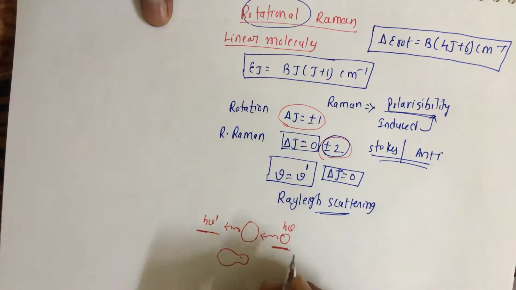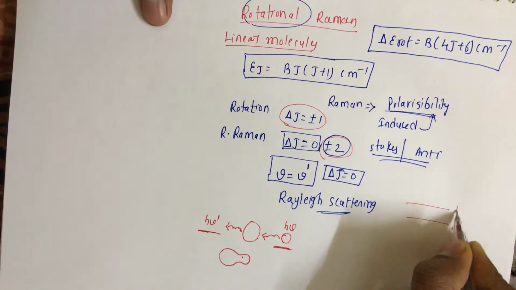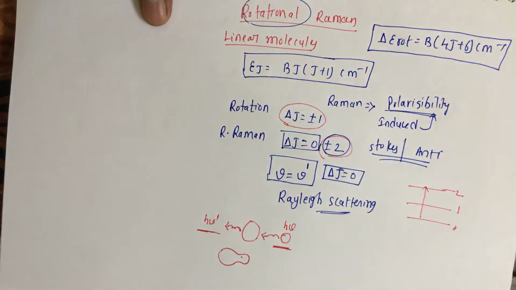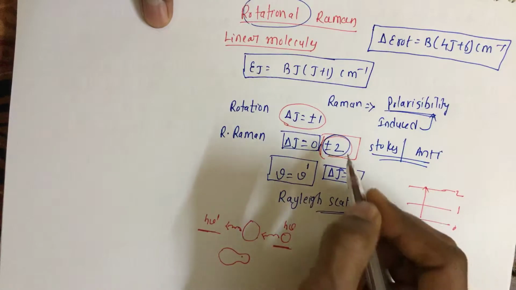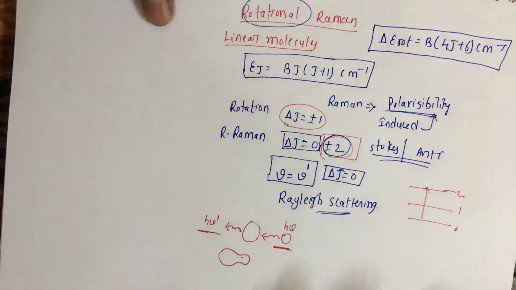That's why there are two quantum rotational jumps, for example 0 to 2. Plus or minus 2 is for the Stokes and anti-Stokes lines. I hope this concept is clear.